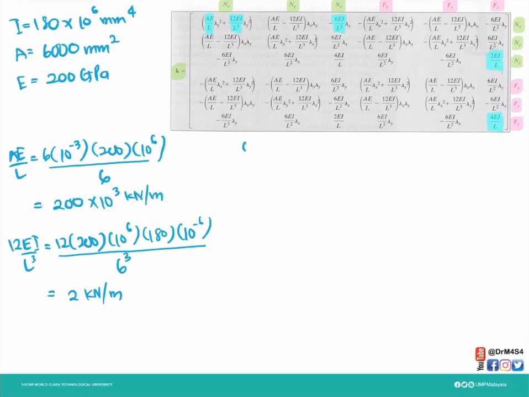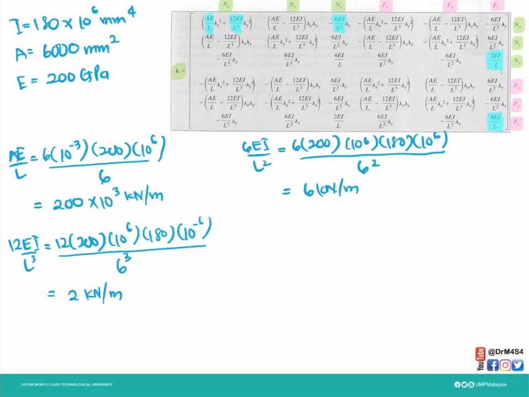Next, 6 EI divided L power of 2. 6 times 200, 10 power of 6, divide 6 power of 2. So 6 kilonewton meter.